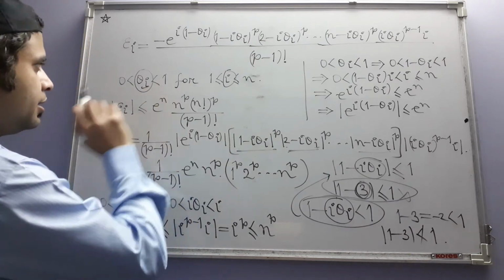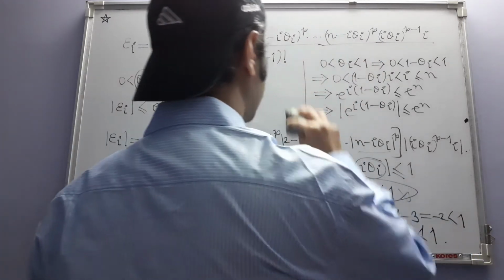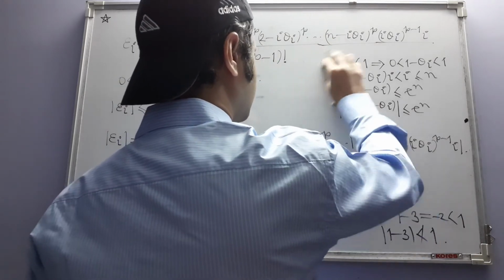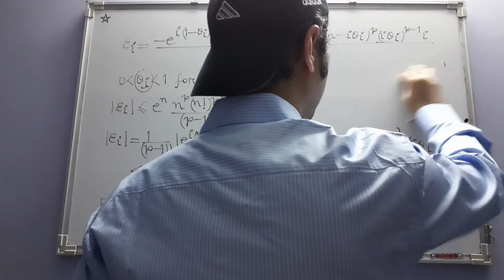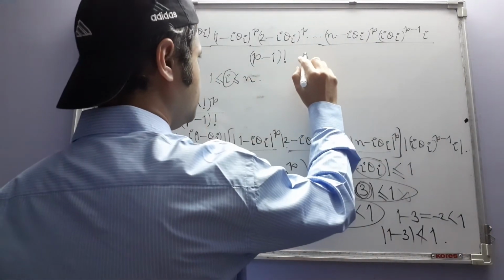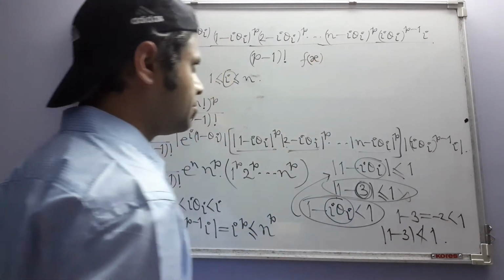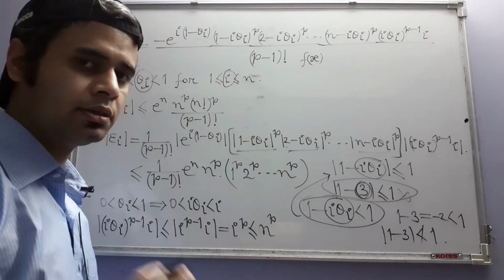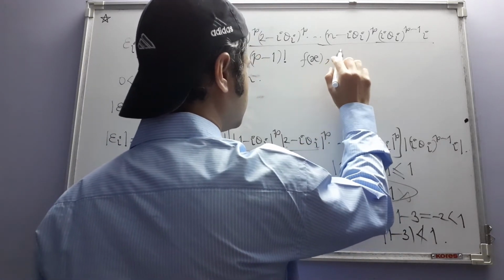Recall where these theta i's are coming from. Let us go back to the proof a little bit. In the proof, we first considered a polynomial f of degree r with real coefficients.